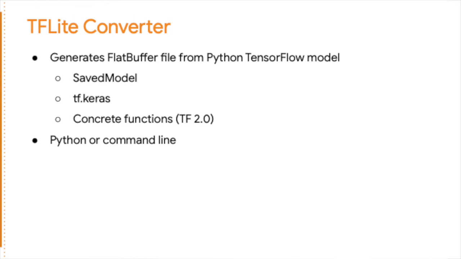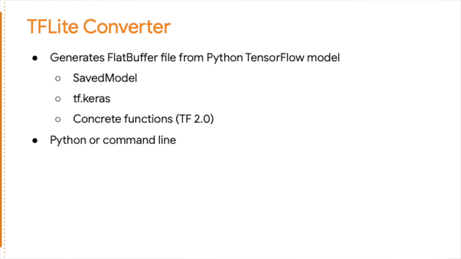The first thing you have to do is turn the training graph, which there's an almost limitless number of ways that you can express in Python in TensorFlow, into something that can actually be saved. So you need a saved model. TF.Keras has nice integration, so pretty much anything you can put together in Keras, you should have a good chance of converting down.